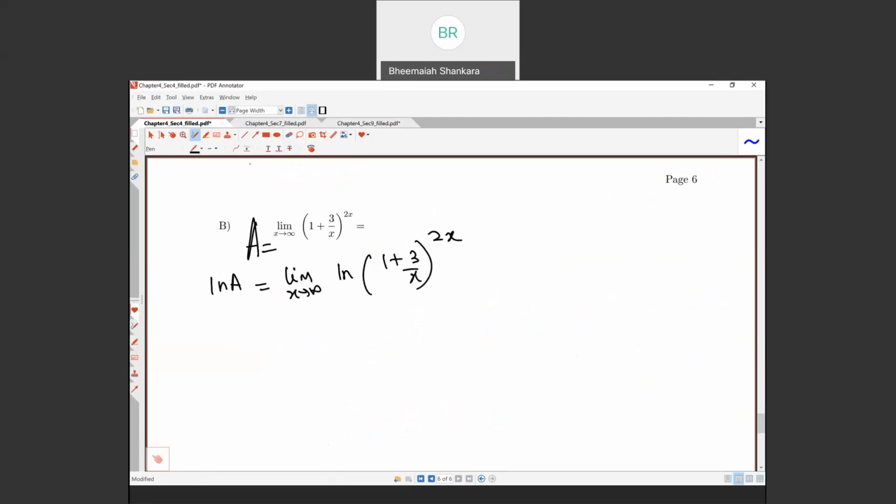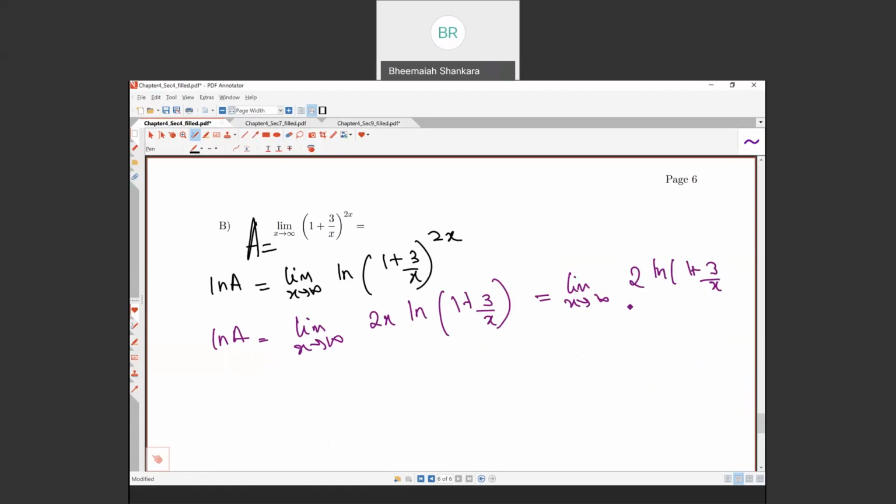Now rewrite this function. The left hand side is the same. The right hand side will be limit of x approaching infinity 2x times ln of 1 plus 3 over x. Now you can rewrite this as limit x approaching infinity 2 natural log 1 plus 3 over x, and then you have 1 over x.